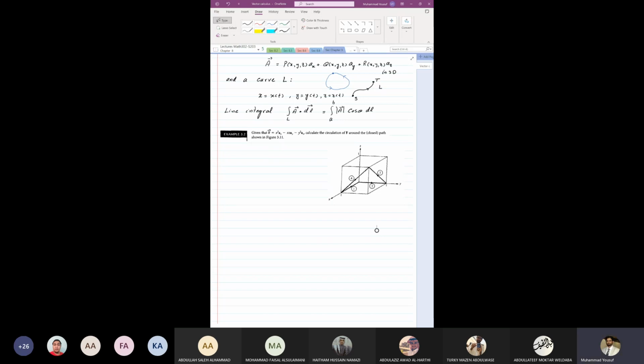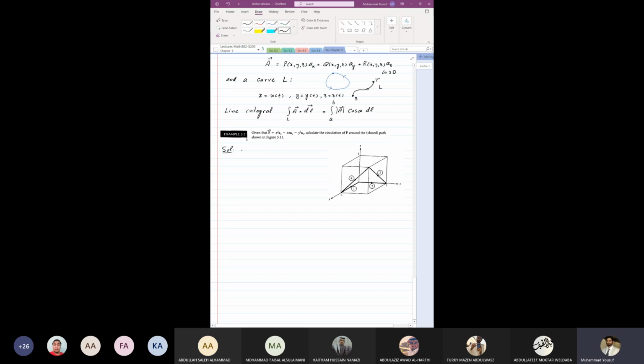So vector L consists, according to the figure, of how many parts? 4 parts.